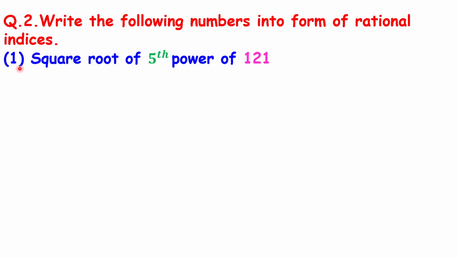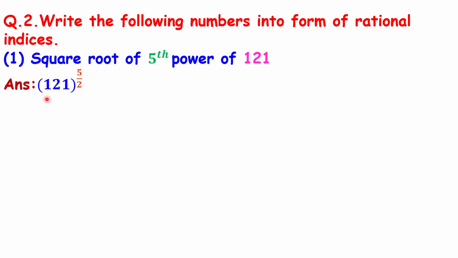So you observe the example square root of fifth power of 121. So 121 is the base. Which is the power? So fifth power means index is fifth upon. Which is the root? Square is the root.